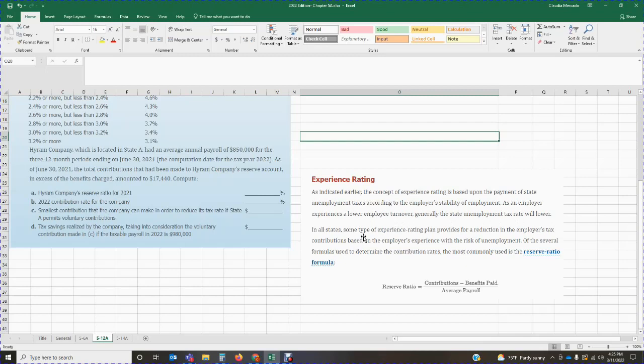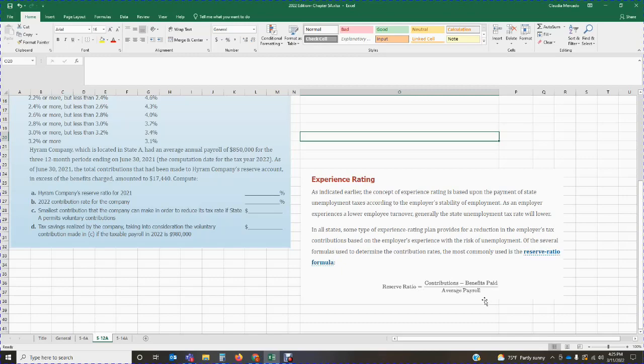In all states, some type of experience rating plan provides for a reduction in the employer's tax contributions based on the employer's experience with the risk of unemployment. Of the several formulas used to determine the contribution rates, the most commonly used is the reserve ratio. Okay, so the reserve ratio is the contributions less the benefits paid over the average payroll.